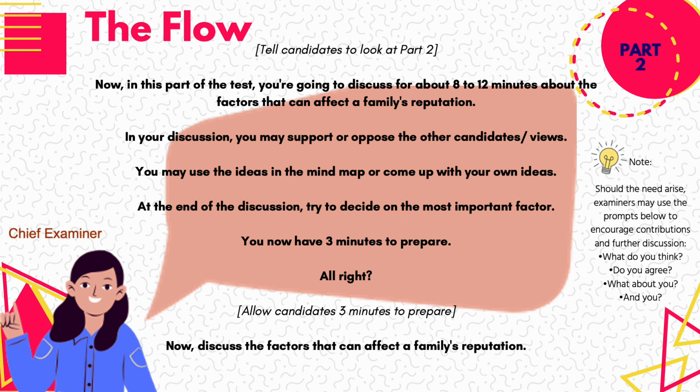You now have 3 minutes to prepare, alright?" After 3 minutes, the examiner will continue to say, "Now, discuss the factors that can affect a family's reputation." Take note that if necessary, examiners may use prompts such as, "What do you think? Do you agree? What about you?" during the discussions. These prompts are meant to encourage participation.